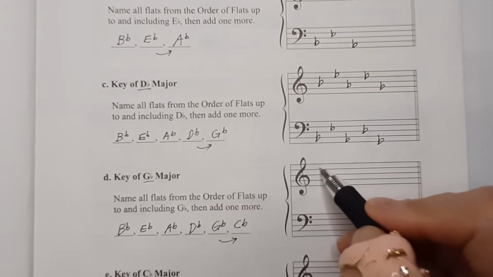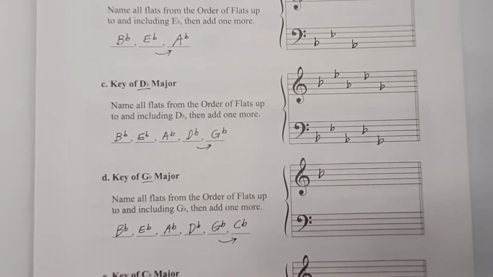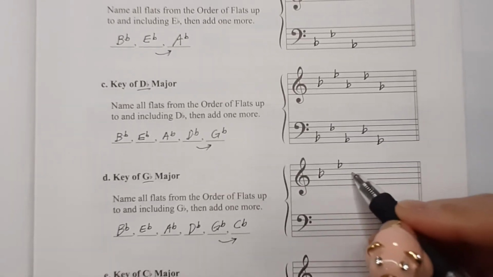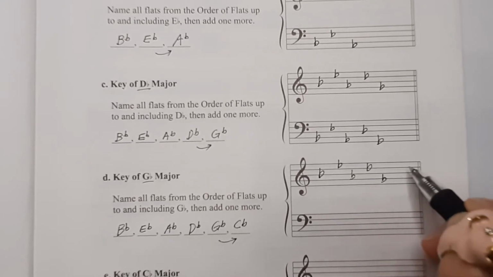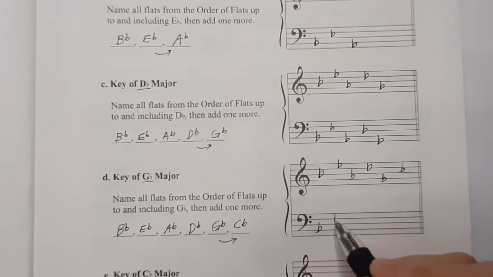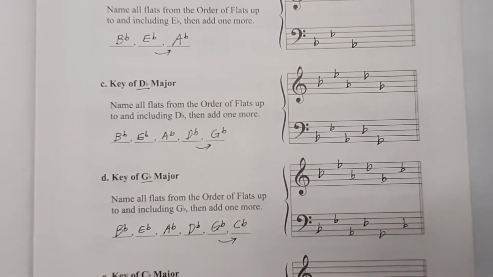Okay, write them down. Draw the flats. Here we go. B, E on the top, A, D, G down, C up. B down, E up, A down, D up, G down, and C up. Good.